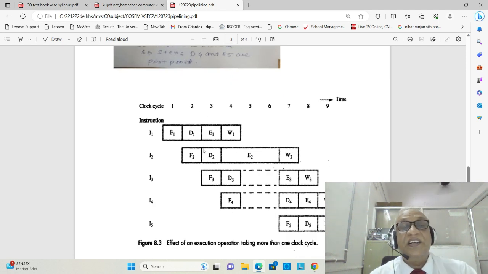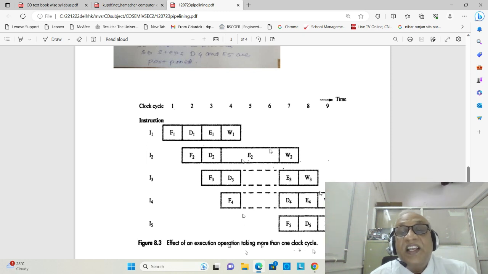At least you can understand from this diagram that if an operation is allocated some clock cycle period but delays beyond the allocated time, that will affect the pipelining operation. Whether it is fetch, decode, or execute, they are of equal duration and equal clock cycle periods are allocated.